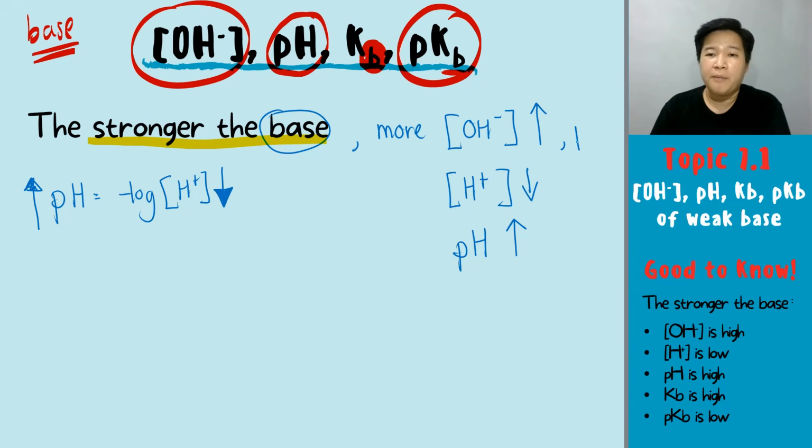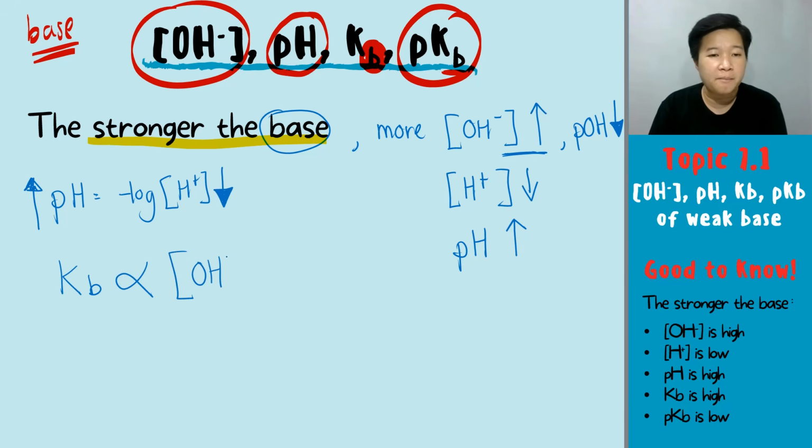Okay? How about pOH value? pOH value will be very low because the concentration of OH minus is extremely high. Can you see that? And if you remember, when we write the formula of your Kb by using the chemical equation, your Kb is directly proportional with the OH minus.